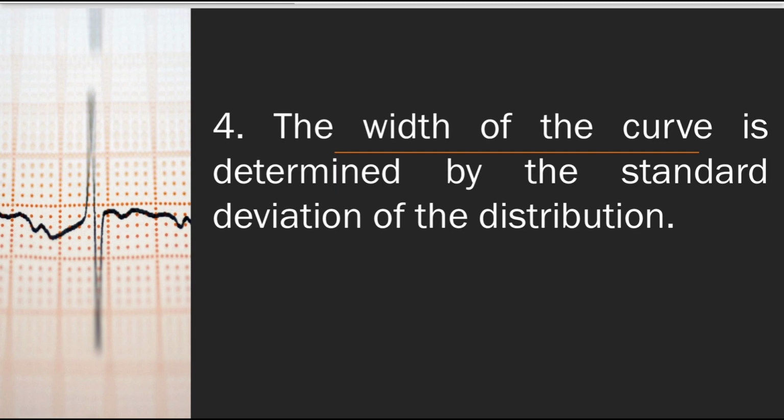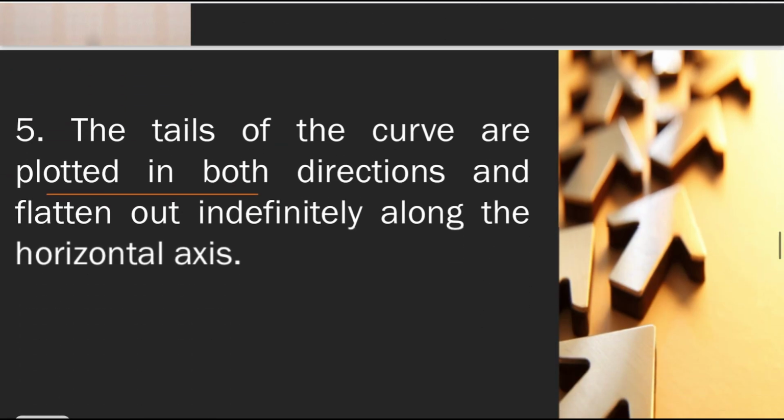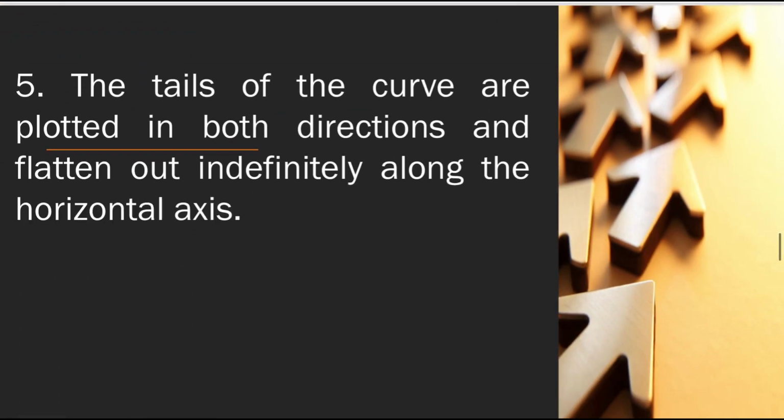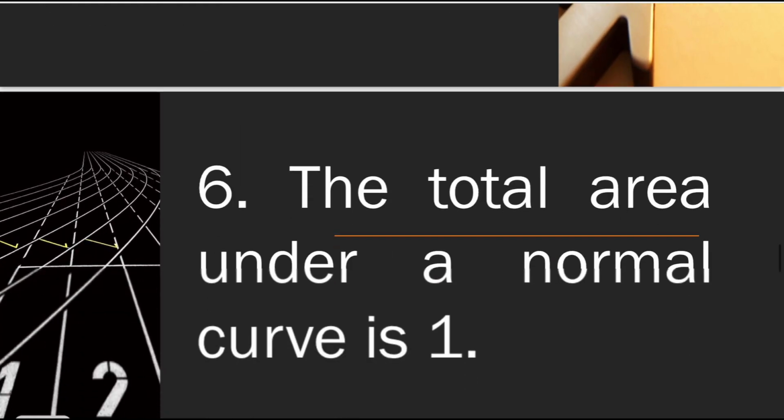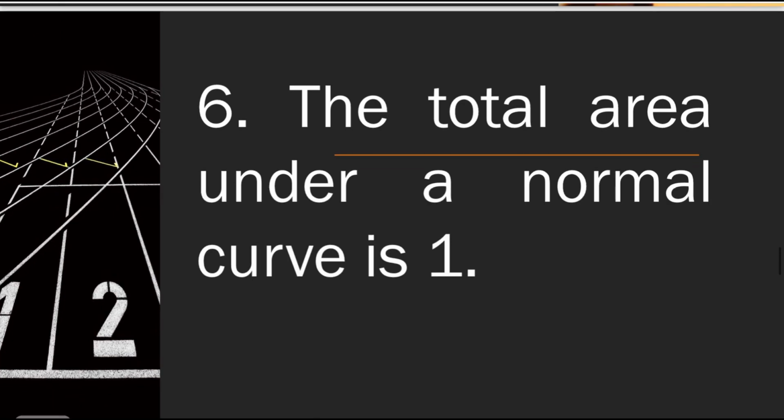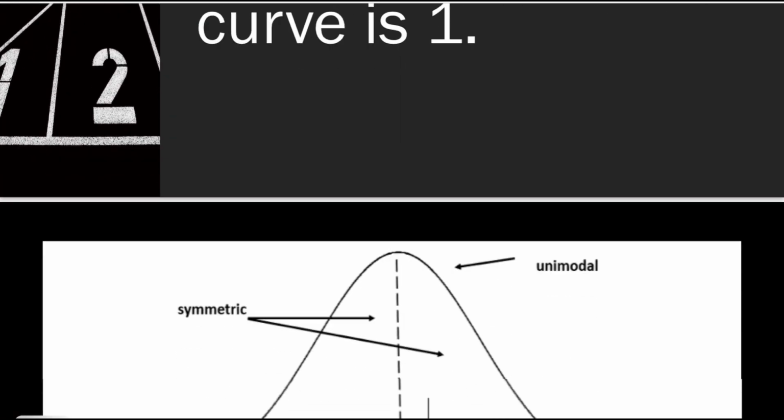Fourth, the width of the curve is determined by the standard deviation of the distribution. Fifth, the tails of the curve are plotted in both directions and flatten out indefinitely along the horizontal axis. And sixth, the total area under a normal curve is 1 or 100%.